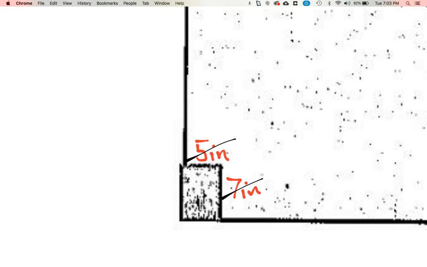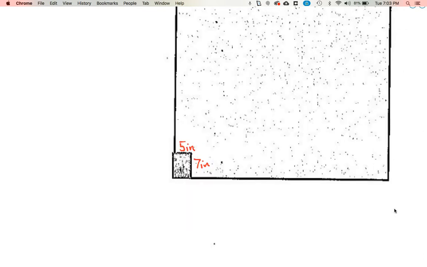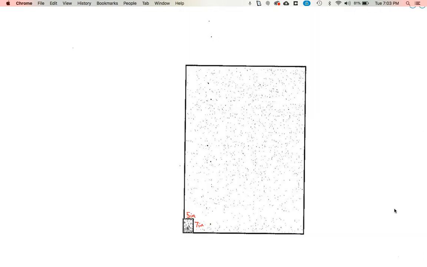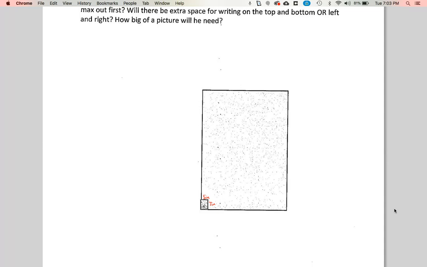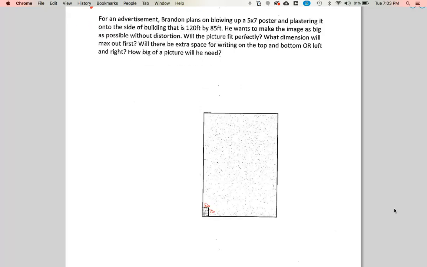we immediately want to convert that into feet. Now, since 5 inches is less than a foot, we're going to get a decimal. So instead of doing that, we can take the 120 feet and the 85 feet and turn those into inches, which will give us bigger numbers.